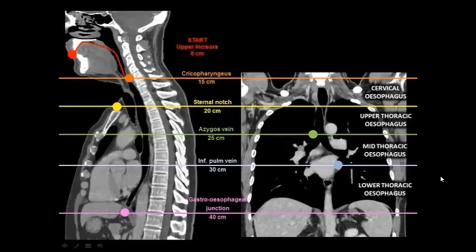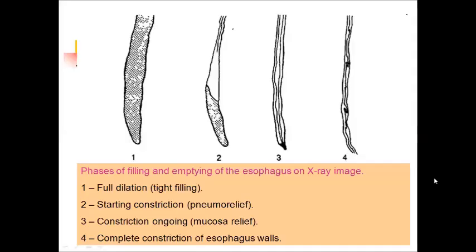Different reconstructions in different projections allow us to find all parts of the esophagus and to estimate the location of adjacent structures, trachea, heart, vertebra, and so on.